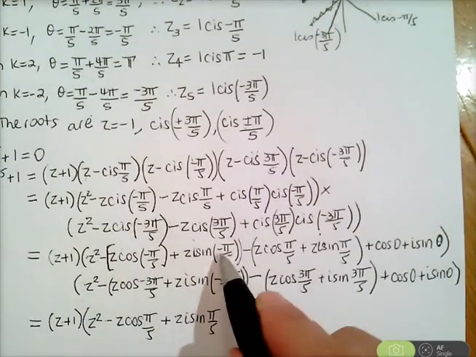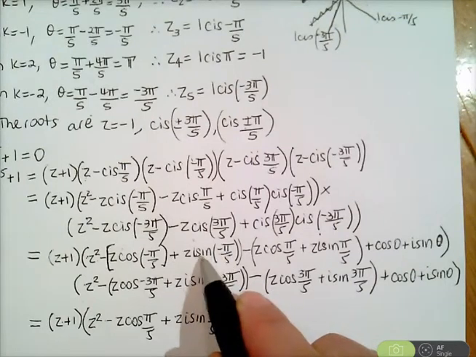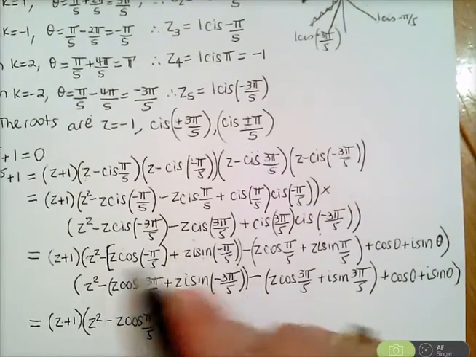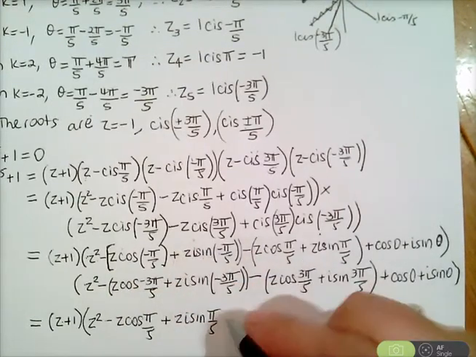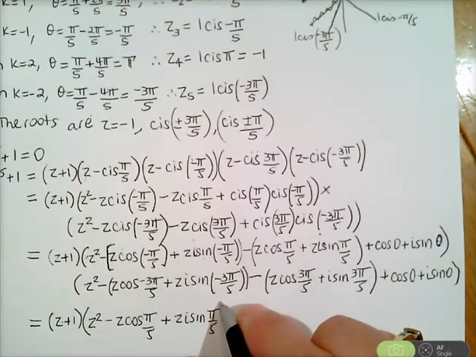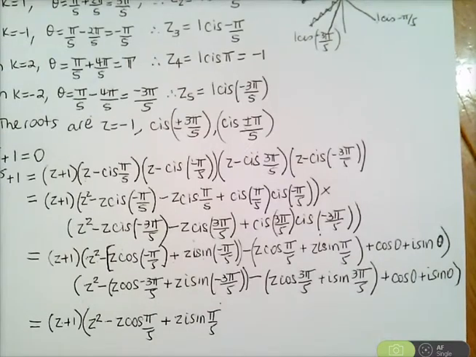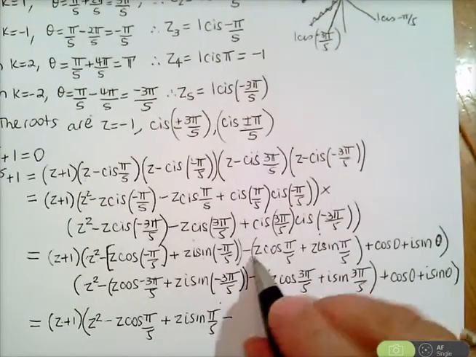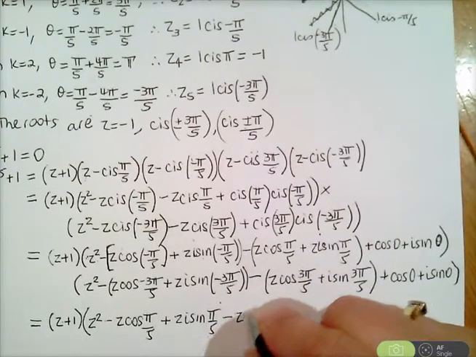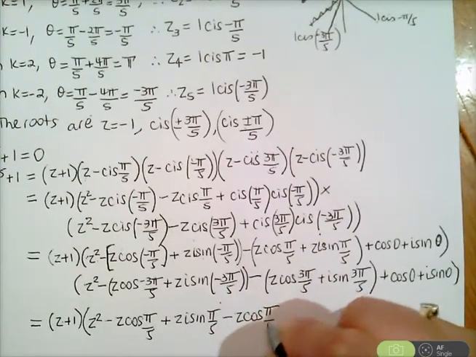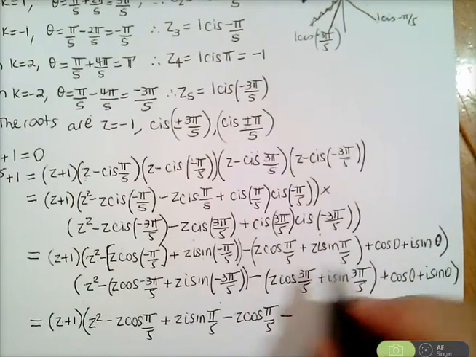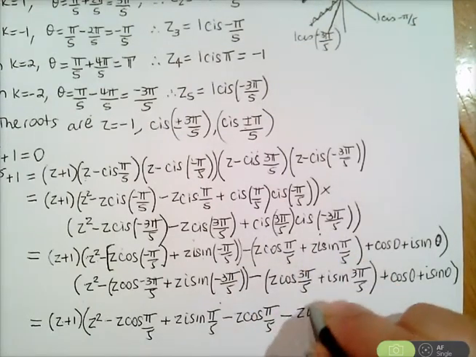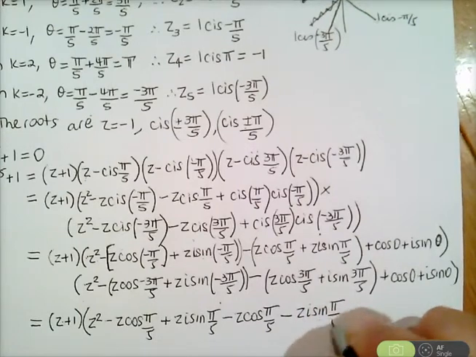Okay, so what I said was this is quadrant 4, so that's the same as putting a minus there. So minus minus makes this positive, okay? Then we've got minus z cos pi on 5, which would just stay the same. And we've got minus, now this is positive, so we've just got minus that, minus z i sine pi on 5.